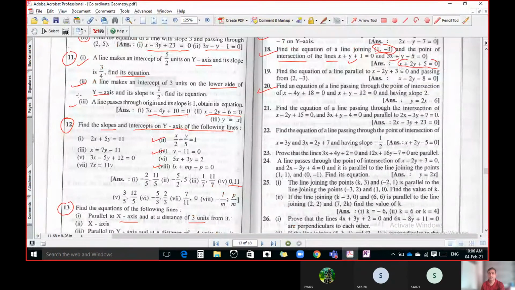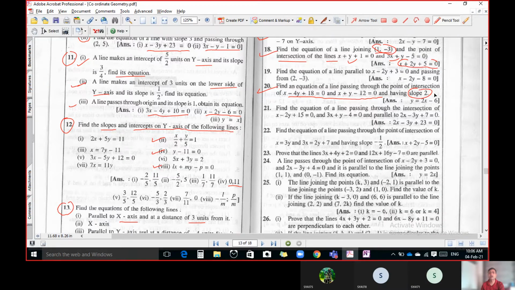Okay, anything else? And question number 20, sir. Question number 20 is almost the same as this. See, find the equation of a line passing through the point of intersection of these two lines. Now are you able to solve these two equations? Yes, sir. Okay, and the slope is given.